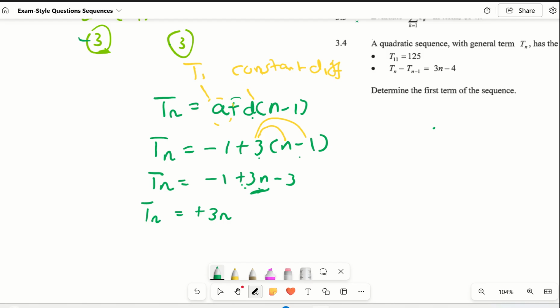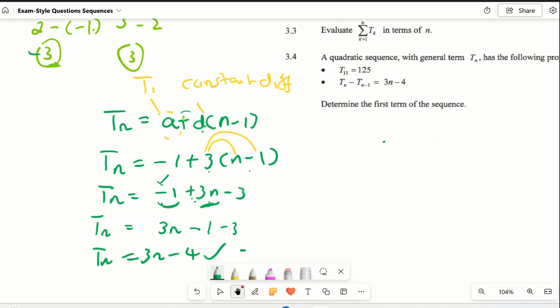So in this case, we've got plus 3n. We move that with the plus, and then this -1 comes after the 3n. So we're going to put the 1 with the sign in front of it, the minus there. This also with the minus in front of it. Simplifies to, this is the same as us having nothing there. So it's 3n minus 4. This is the general term of this arithmetic sequence.